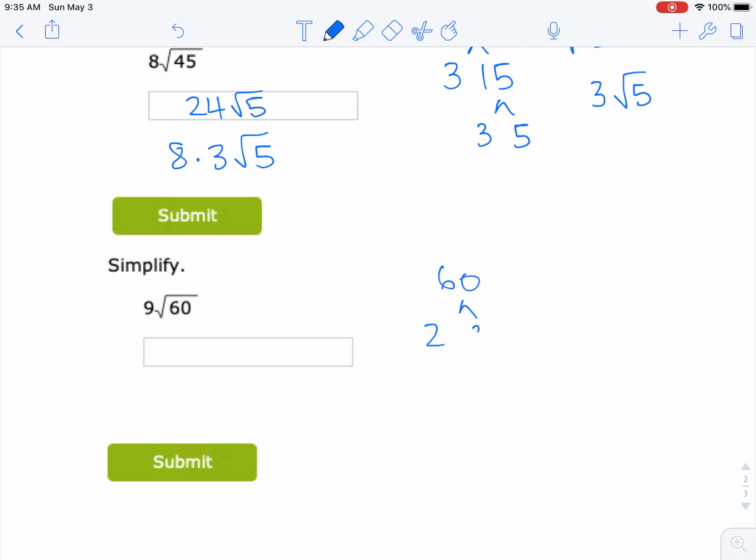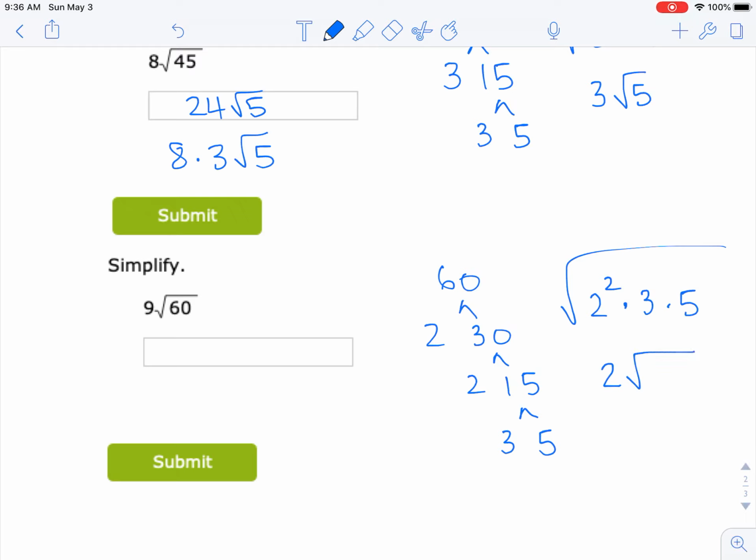And the square root of 60, 2 times 30, 2 times 15, 3 times 5. So this is 2 squared times 3 times 5. Oops. Wrote a wrong number there, sorry. Just thinking ahead.